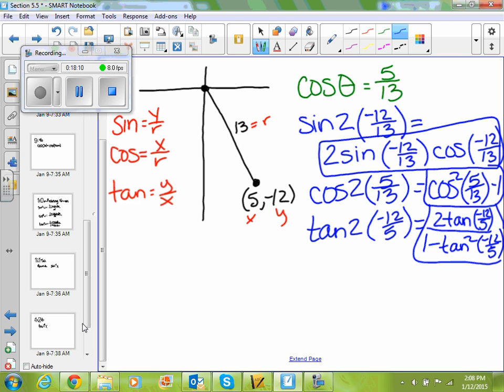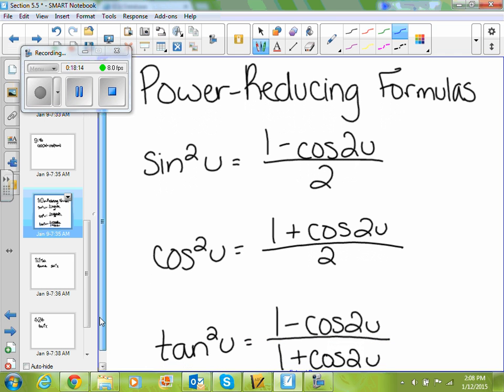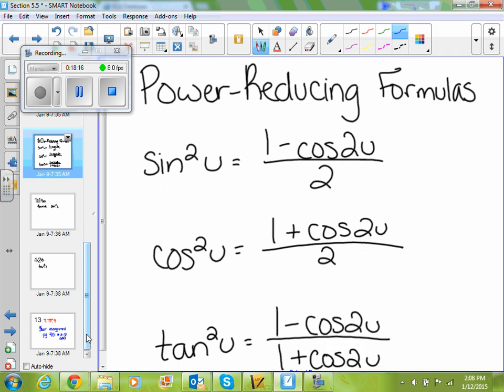Alright, and you won't do very many like that, but just so you know how they're done. Then the other things we're going to look at is our power reducing formulas. And those are the only other formulas we're going to look at from this unit.